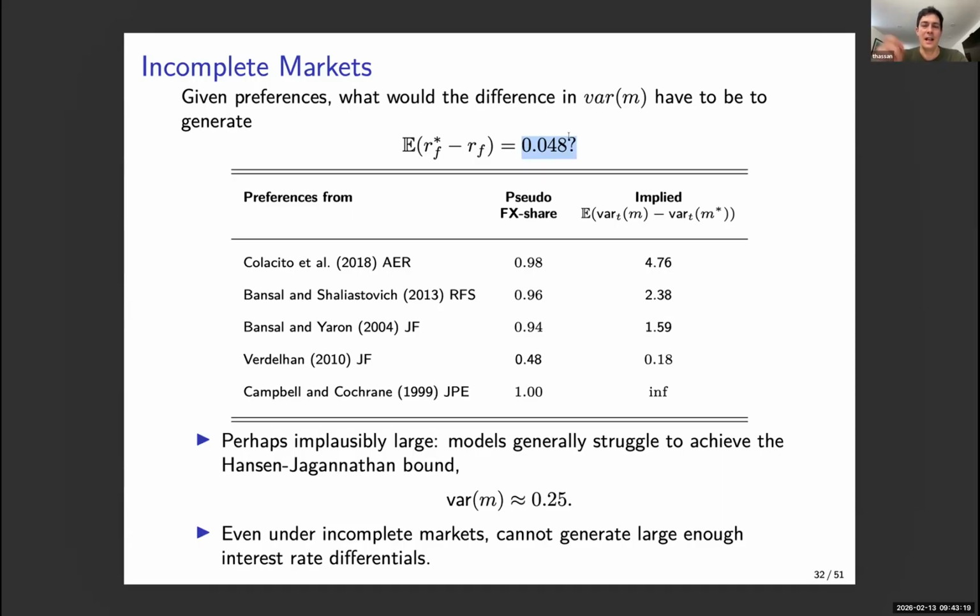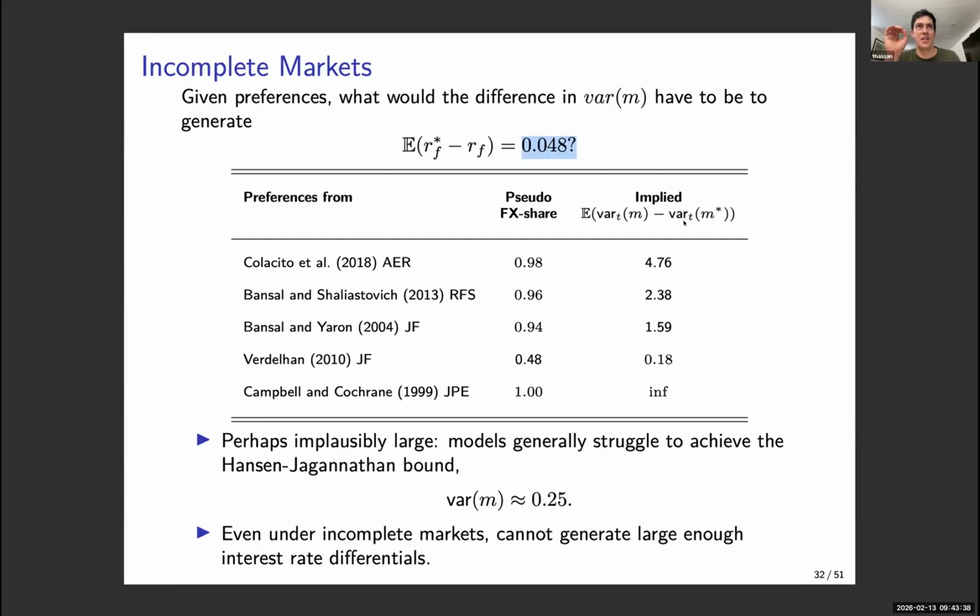That at least some intermediary, somebody, can engage in the carry trade. Okay? And then I can take the preferences from these famous papers and say, let's keep these preferences and change the rest of the model. With these preferences, how big would the implied difference in the variance of M have to be?